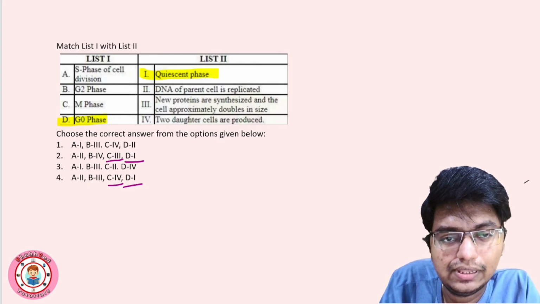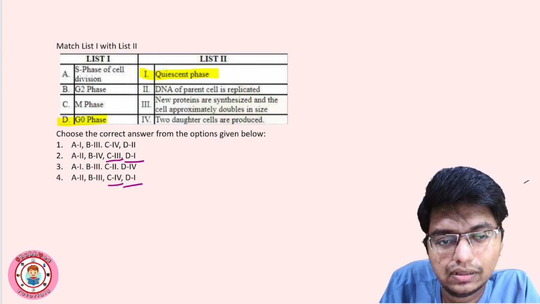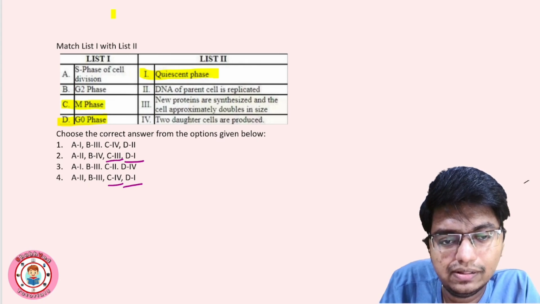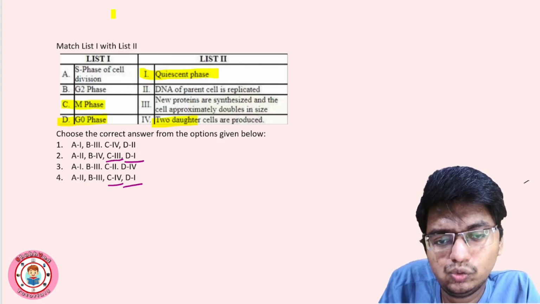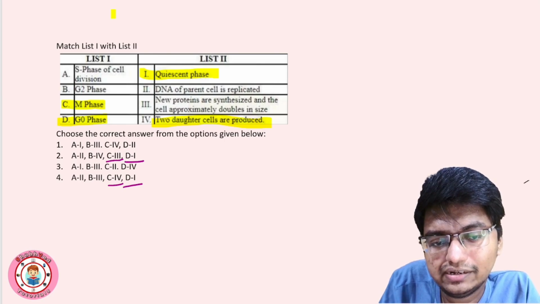Now let's see. C, M phase. What is 4? 2 daughter cells are produced. So yes, this is correct. Option 4 is correct.